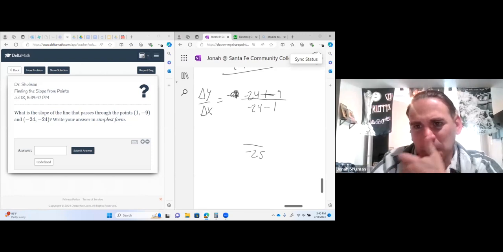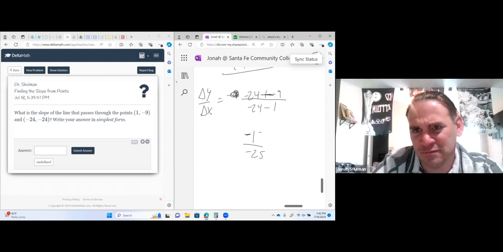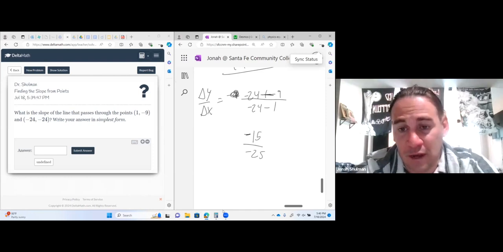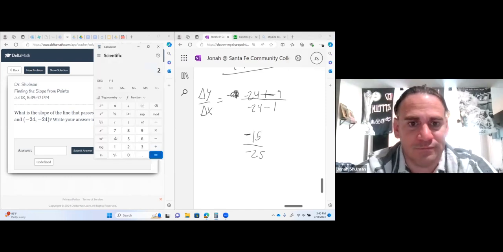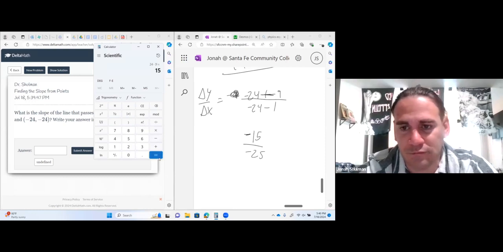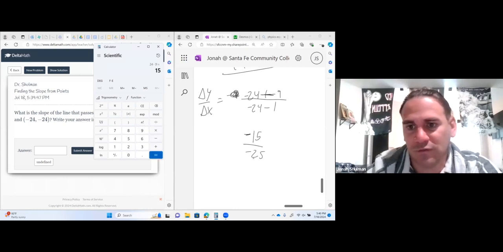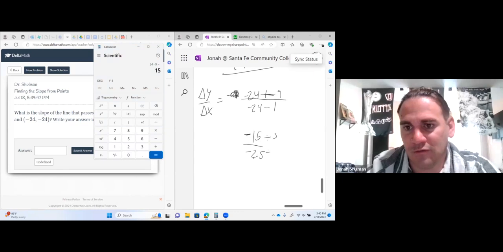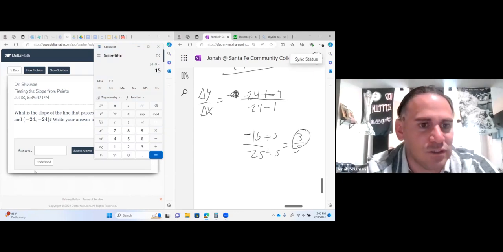What is that, negative 13? Negative 15? I don't know why I'm having some moments. It is pretty hot. Okay, so negative 15 over negative 25. We can divide top and bottom by 5. It's going to be a positive 3/5. There's your slope.